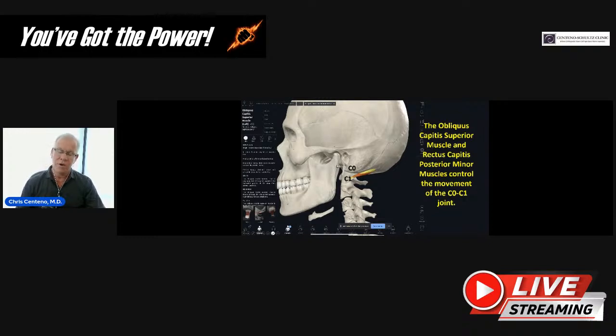So if you have a chronic 0-1 problem, you might want to look at these two muscles. Again, the rectus capitis posterior minor, in addition to the obliquus capitis superior, or what's also sometimes called the superior oblique muscle. And again, these are things that can be looked at on a hands-on exam.